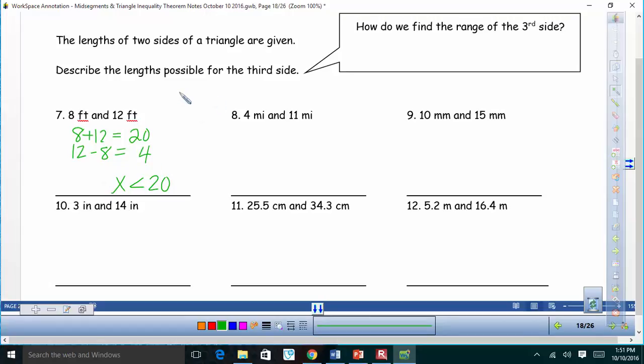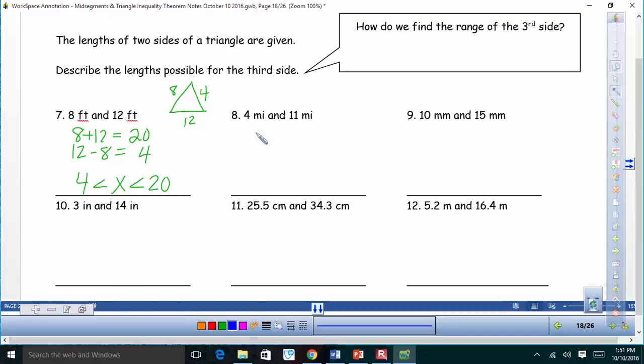Now, the reason you do that is if I had a triangle and I had 8, 12, and 4, when I added 8 and 4, would that be bigger than 12? No. So x has to be bigger than 4. That's why we do the subtraction, so you know what it has to be bigger than, but also what it has to be less than.